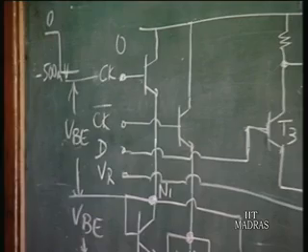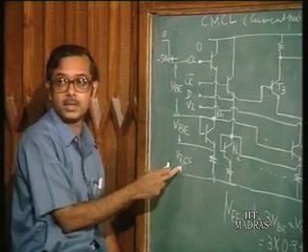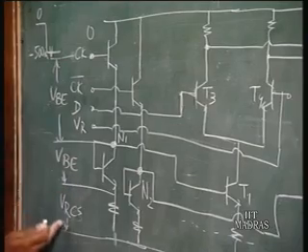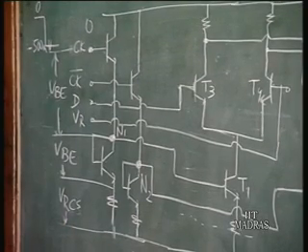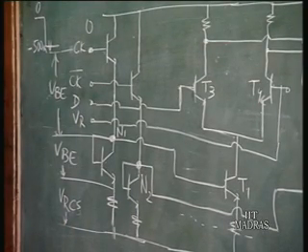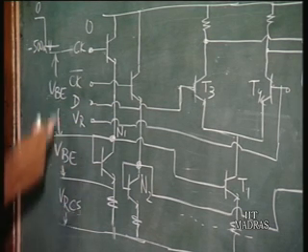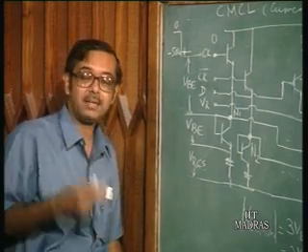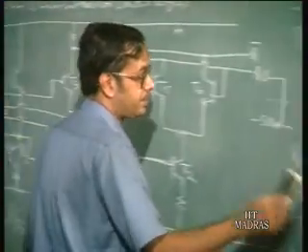So, what is the maximum value of the power supply voltage? It is twice VBE plus VRCS, which means it is just 2 volts. Twice VBE is 1.8 volts and VRCS is 0.2 volts. So, the power supply voltage can be as low as 2 volts.